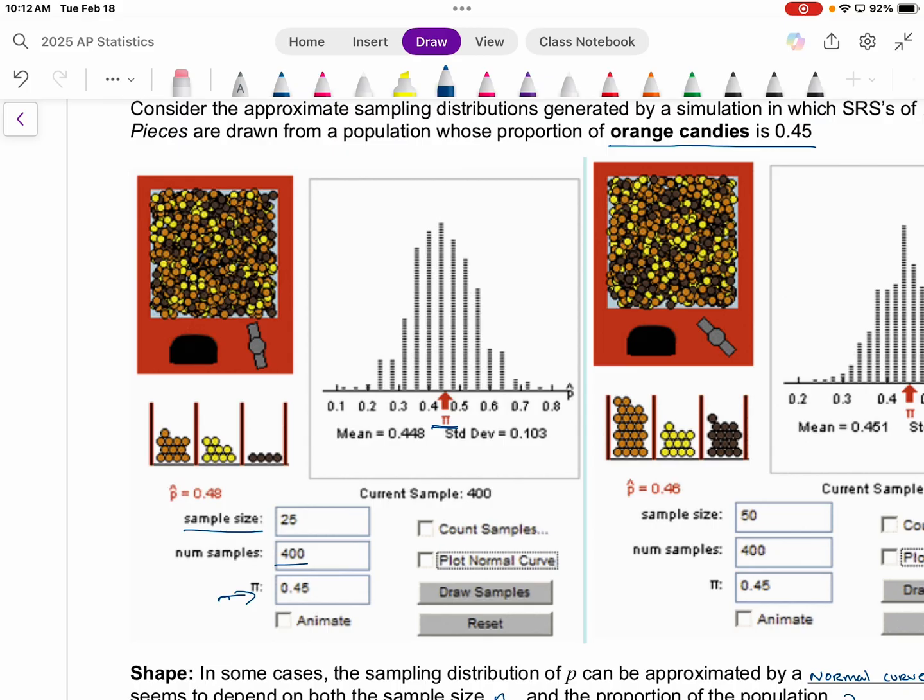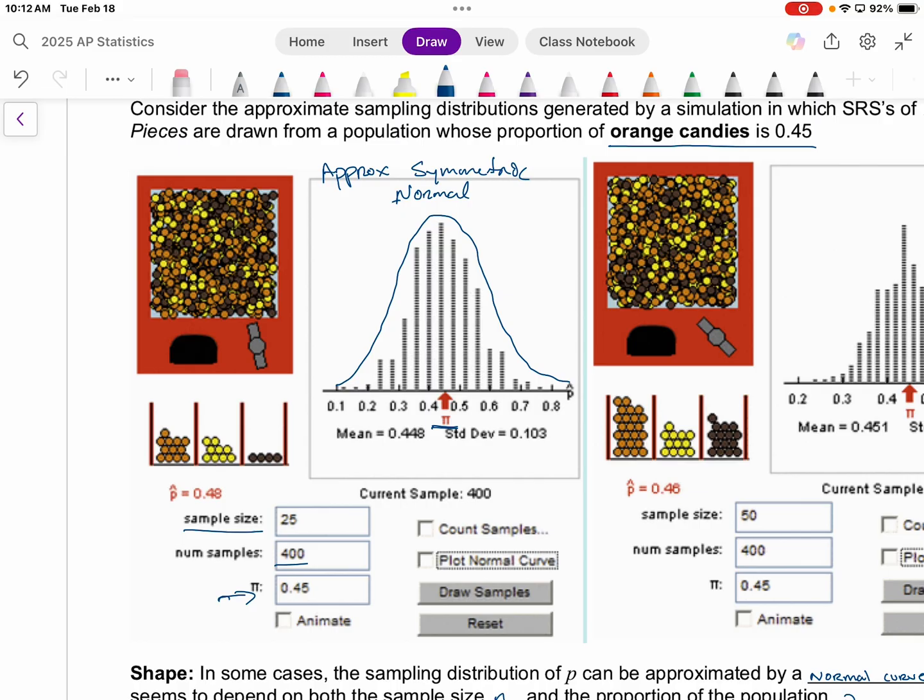Now, after they got all this data, first off, what can we say about the shape? It looks approximately what? Yeah, it looks approximately normal. It's approximately symmetric. It has a feel of a bell-shaped curve. It's not too bad, so we would say it's approximately normal.